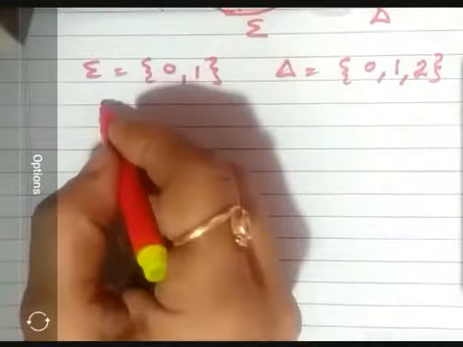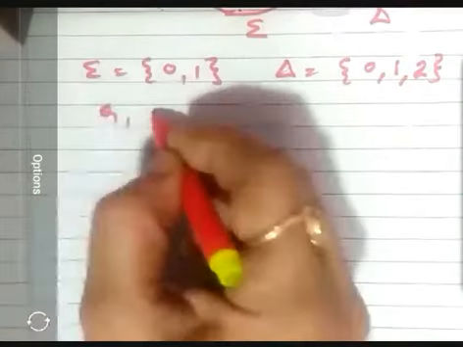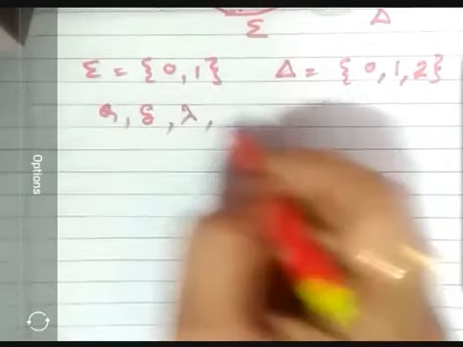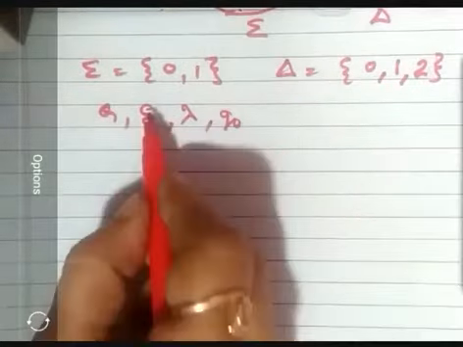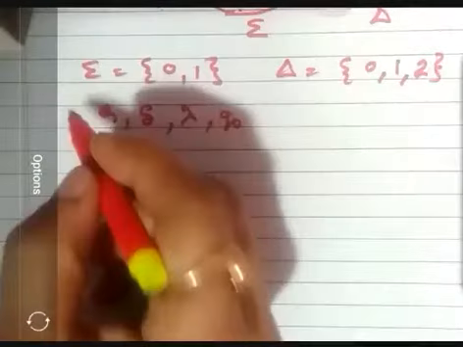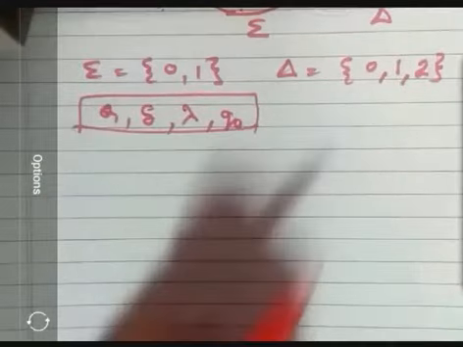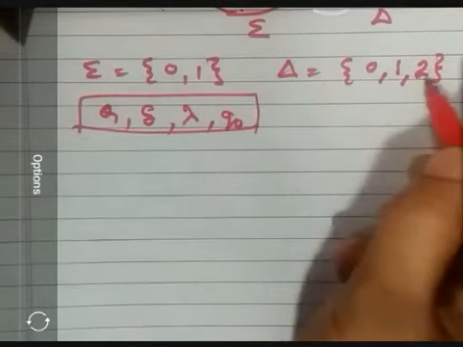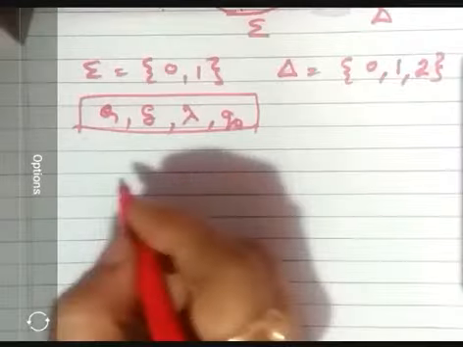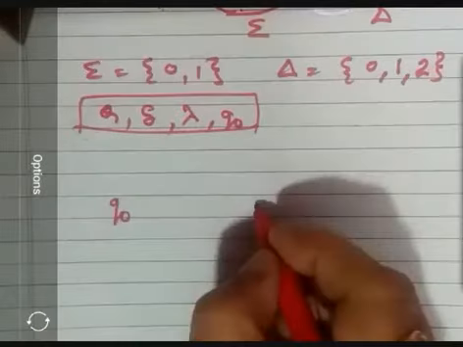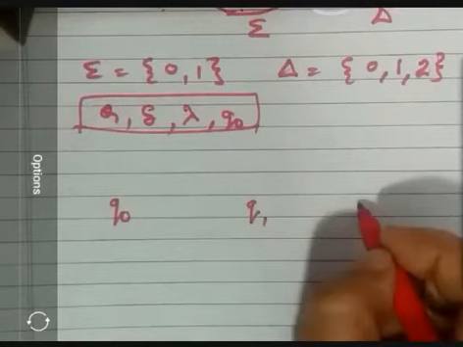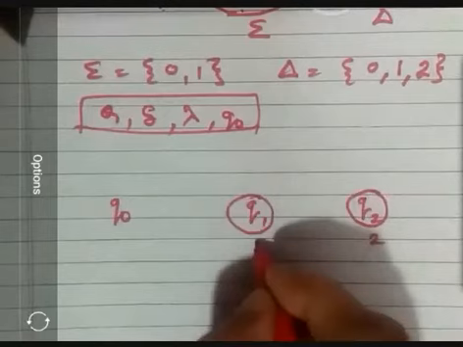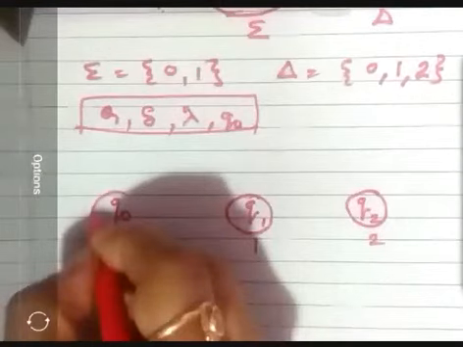Now we want Q, delta, lambda and Q0. So 1, 2, 3, 4, 5, 6. Once we find out these 6 tuples, that means we have designed the machine. As we have 3 outputs, we can assume 3 states, and every state will be associated with one output.